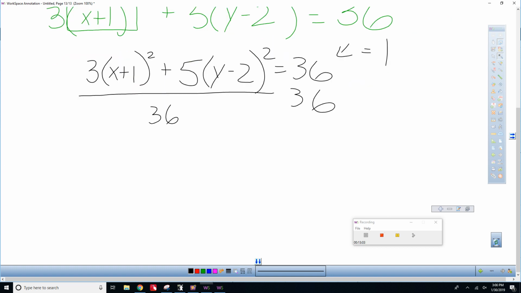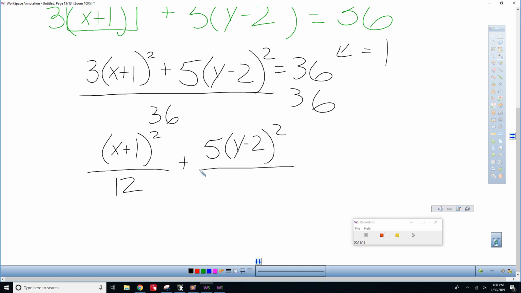I get (x plus 1) squared over 12 plus 5 times (y minus 2) squared over 36 equals 1.